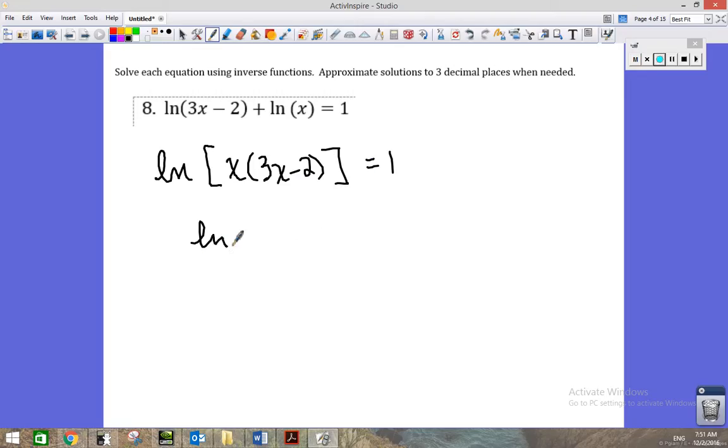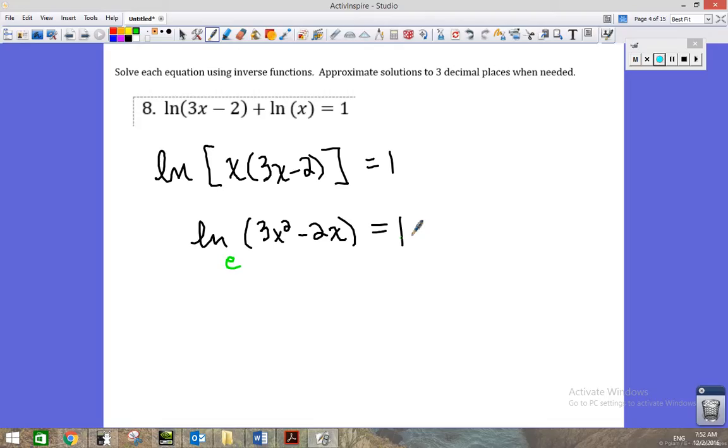So now I'm trying to get x by itself, but I've gone as far as I can go with this in logarithmic form. Remember that this is a base of e.